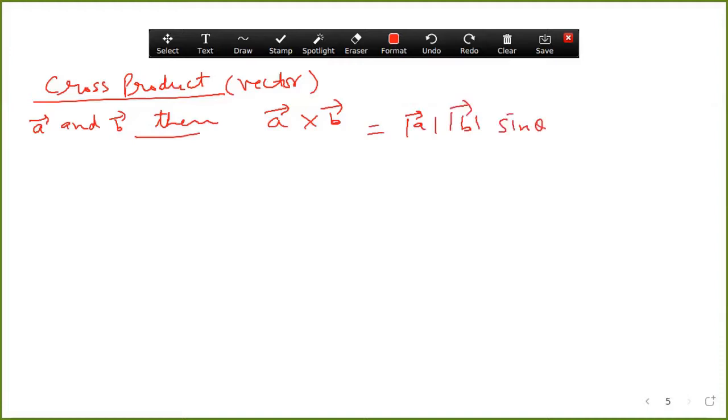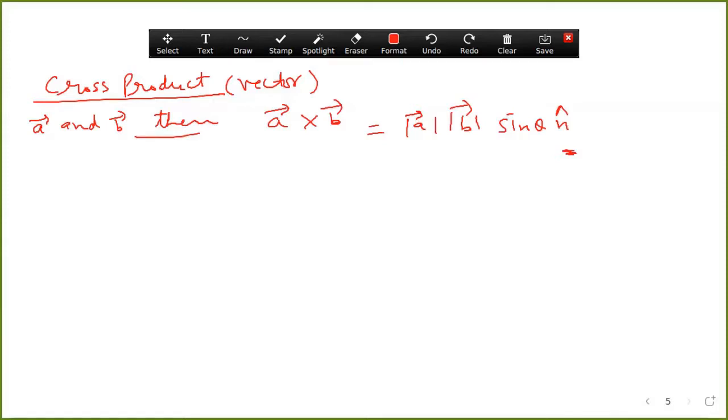Here, when you are getting a vector result, it means direction should be there, and n cap is a unit vector, where theta is the angle between A and B, and n cap is a unit vector perpendicular to the plane of A and B, and positive for right-handed rotation from A to B. You must remember what I have told you.